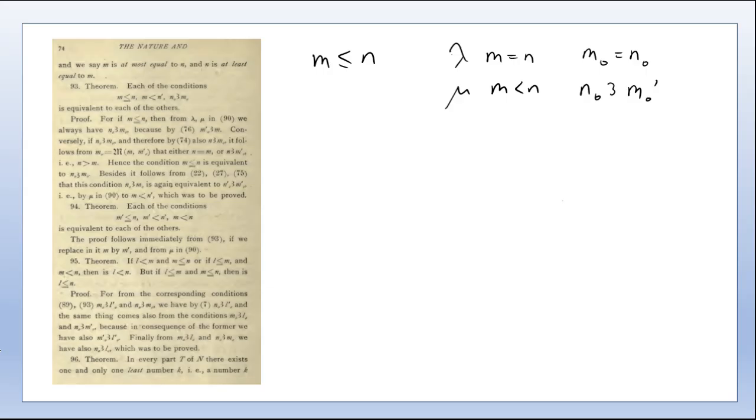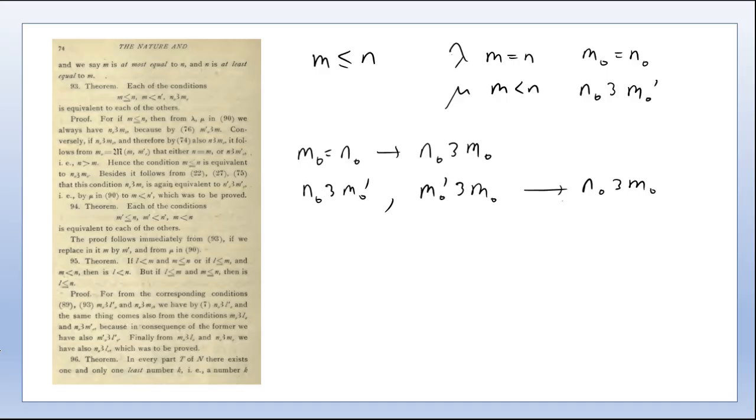Because if we turn our attention to the first one, m naught equals n naught, then we clearly have that n naught is a part of m naught. And if we turn our attention to the second one, where n naught is a part of m naught primed, we also have that m naught primed is a part of m naught. So putting these two together, using theorem 7, we get that n naught is a part of m naught.